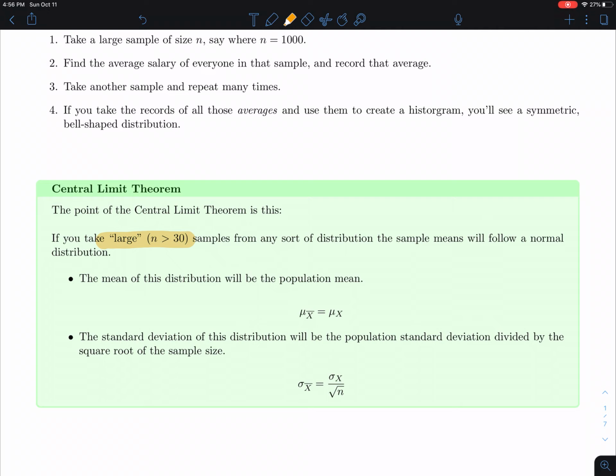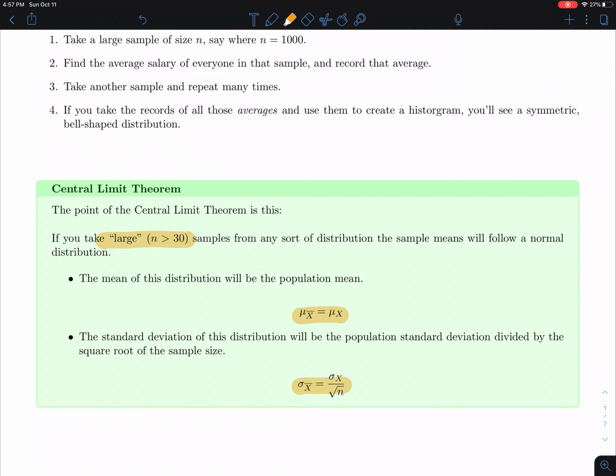The mean of that distribution is the exact same as the population mean, so there's no difference whatsoever. The mean of the original population is the mean of all the samples that we found. The only thing that changes is that the standard deviation gets narrower when we do those samples.